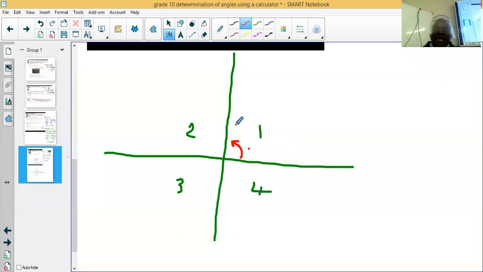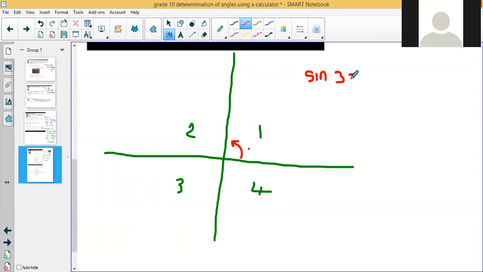Okay, now let us look at this one. I want you to take an angle here. Let us just take an angle which is between 0 and 90, any. 35. Okay. Take out your calculators. Sine 35.